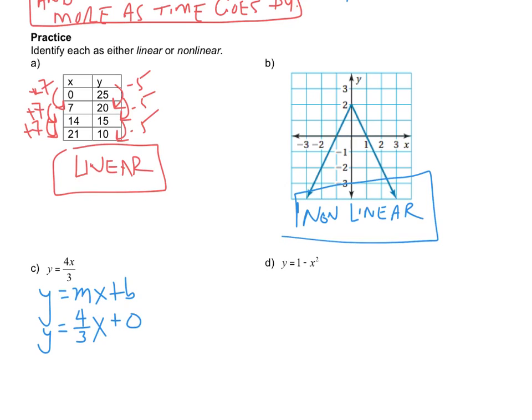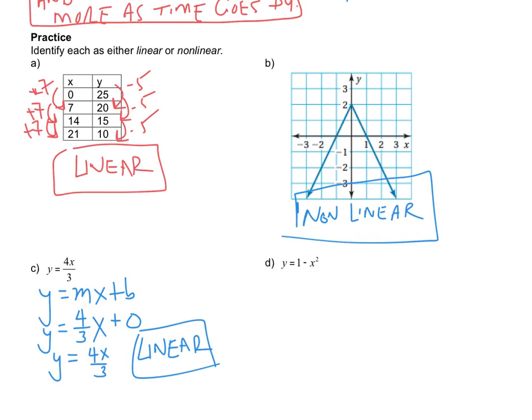It's just that when we go one step further, instead of writing 4/3 x, we just did the 4x over 3, and we dropped the 0. So this one is definitely linear. Okay, the slope would be 4/3, the y-intercept is at 0.